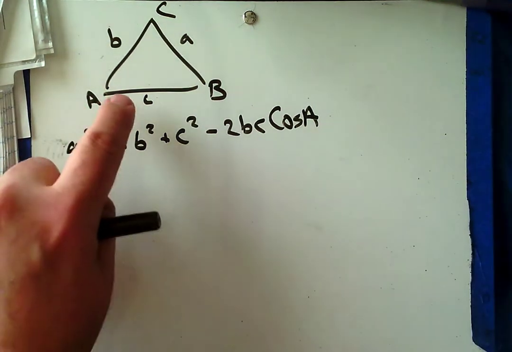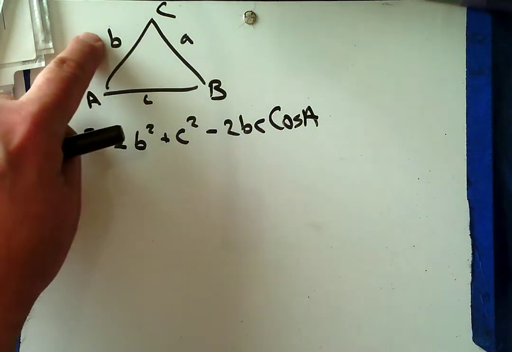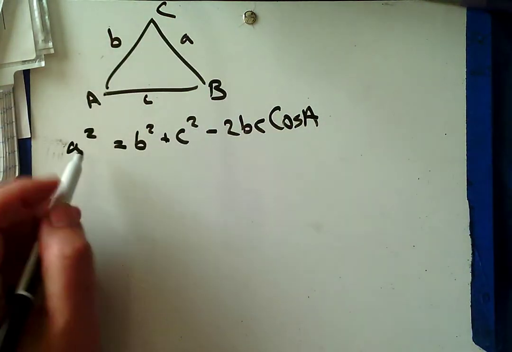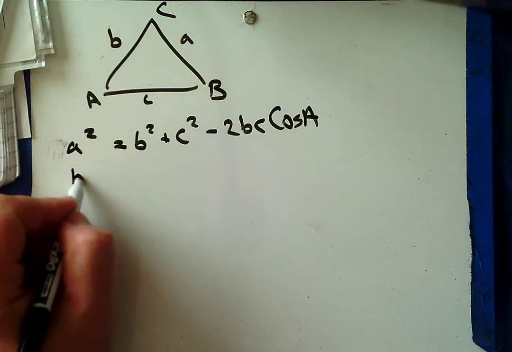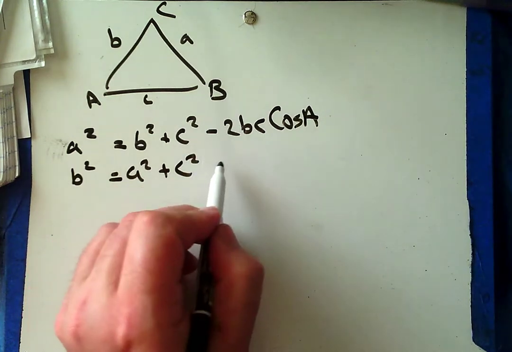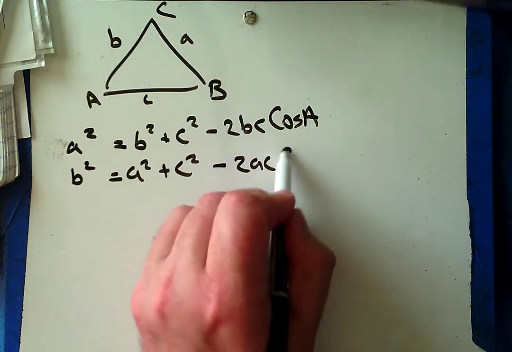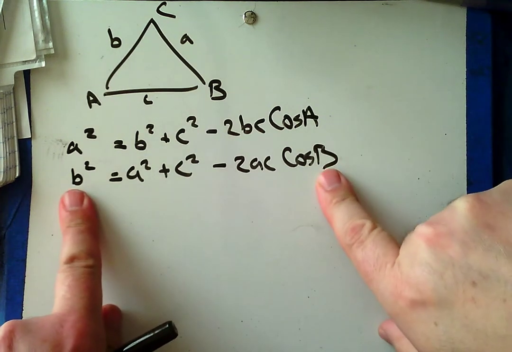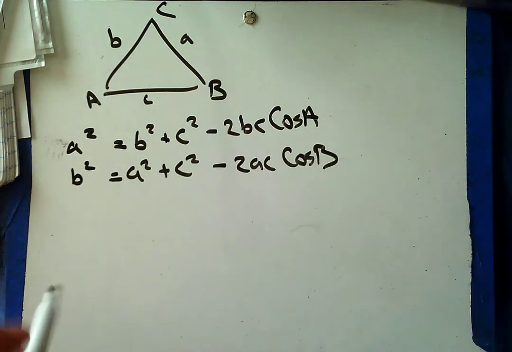And because we're doing side, angle, side, we can do that over here or over here as well. And so we could write b squared equals a squared plus c squared minus 2ac cosine b. These are always opposite pairs.